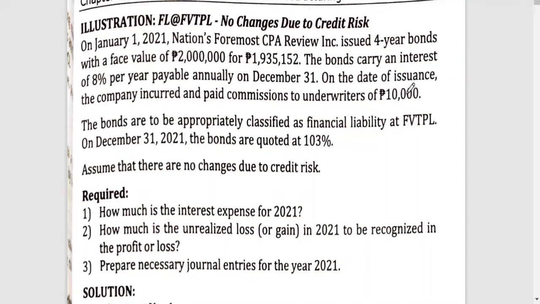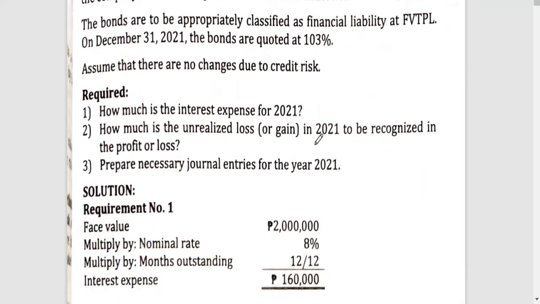So if there are other expenses such as this one, this is separate. On December 31, 2021, the bonds are quoted at 103%. So the fair value here is greater than 100%, so its value increased. How much will be the interest expense for 2021?